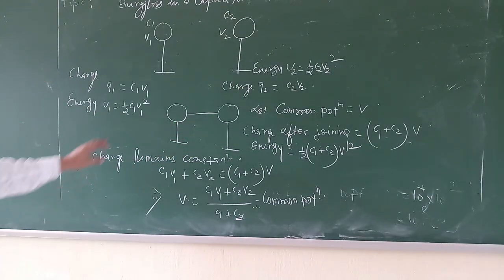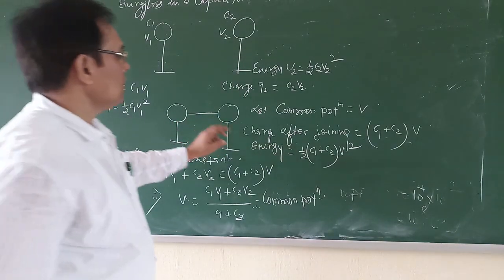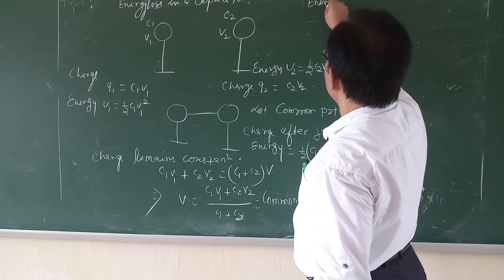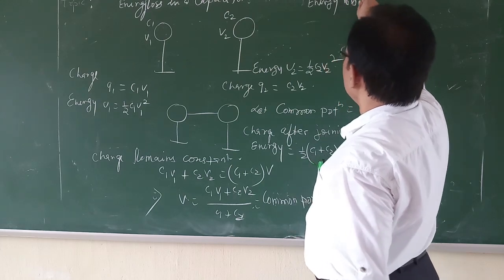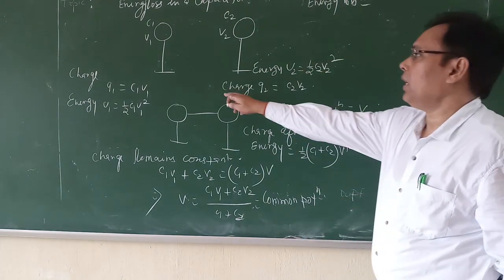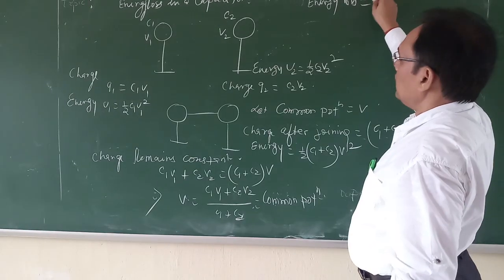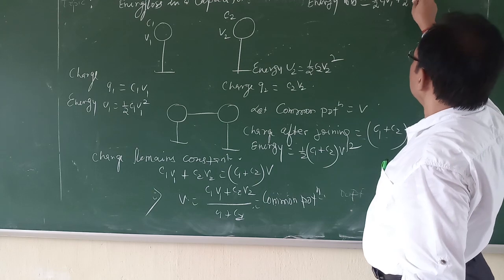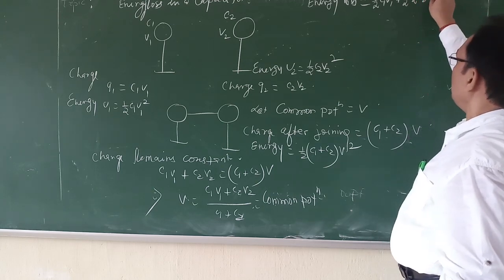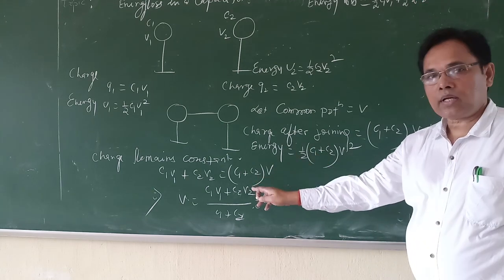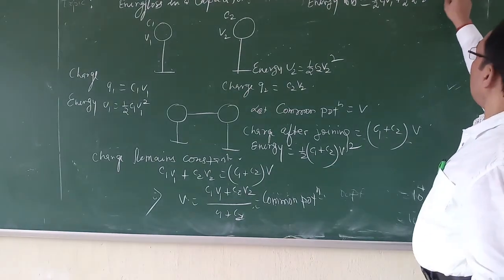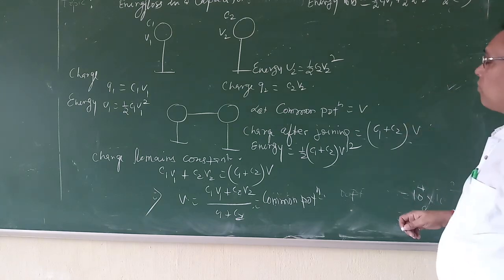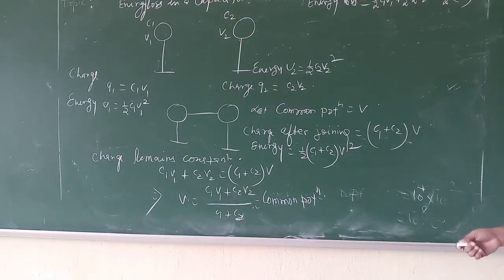So when the two capacitors are connected together, you find the energy loss. Energy loss means the total energy before connection, that is half C1 V1 square plus half C2 V2 square, minus the energy after connection, that is half C1 plus C2 into V square, where V is the common potential.